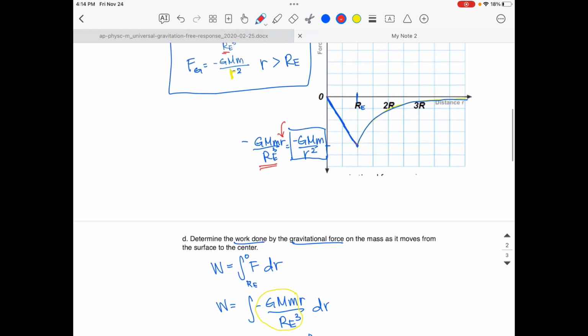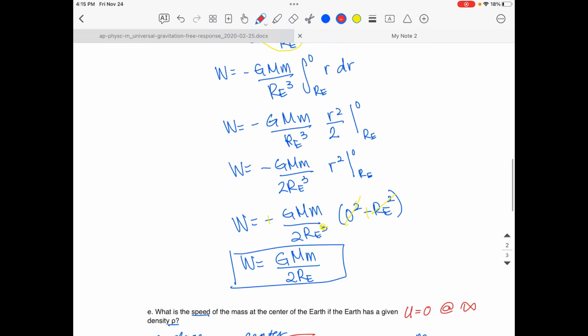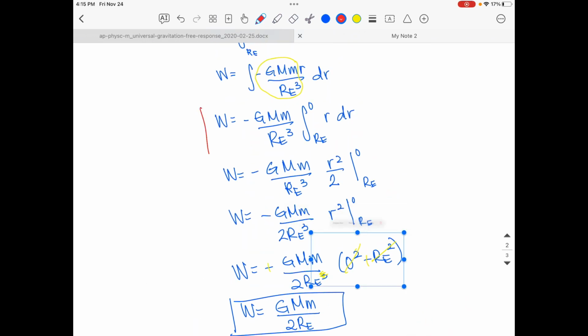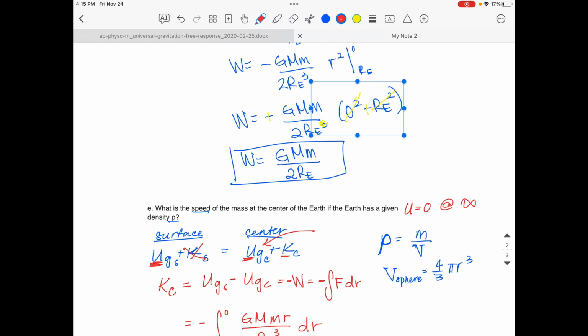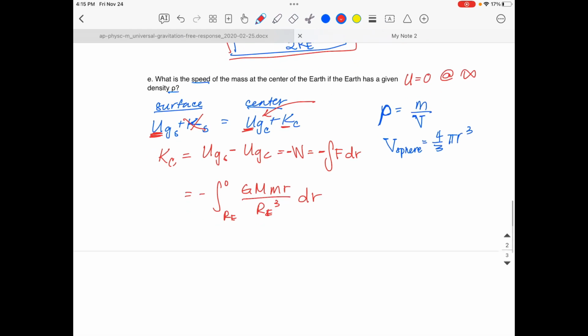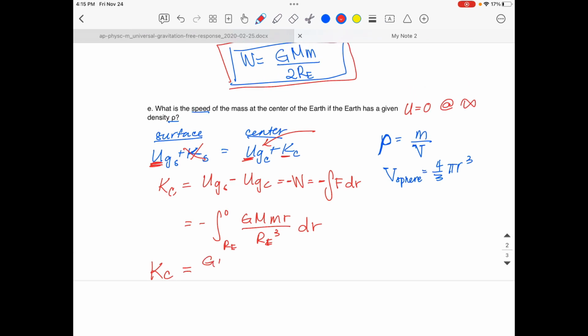That we solved, let me see, right here, right? Because we did the integration of the force of gravity in the center of the Earth. And then we also got the final value right here. So I can just say that the kinetic energy at the center is going to equal G M little m over 2 radius of the Earth.